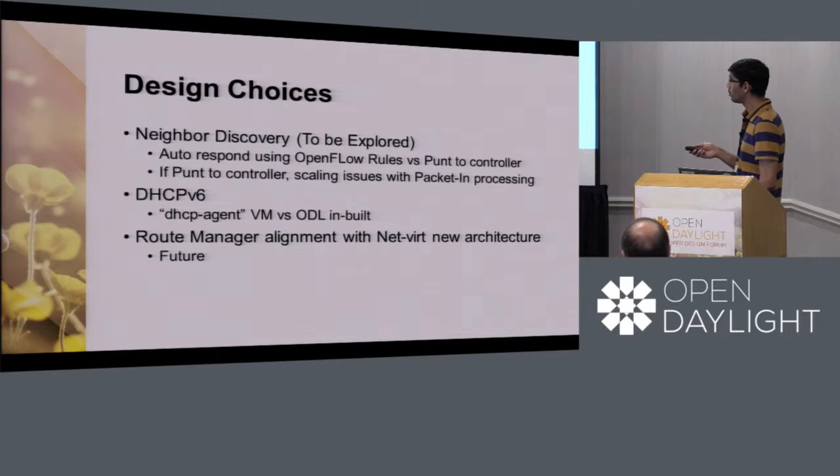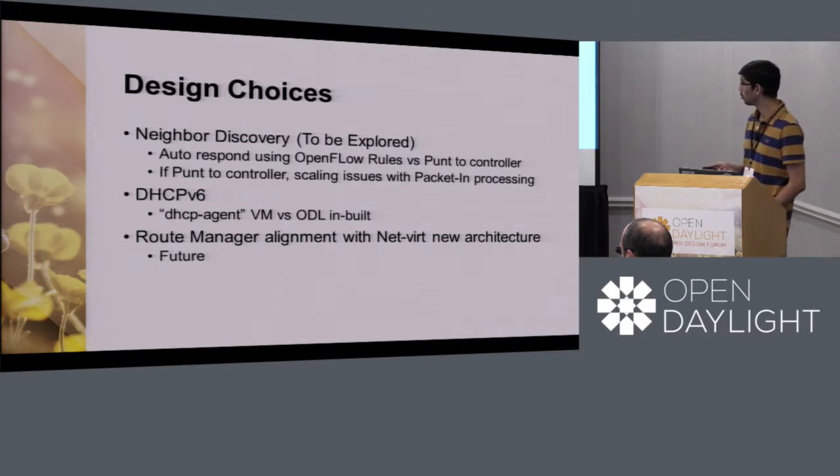Similarly, for DHCPv6, should we follow the v4 model, or should we have it built into ODL? And this will be more of an alignment task, so that we eventually make Route Manager aligned with the new architecture of the network. Again, it depends on the timelines of the new network architecture.